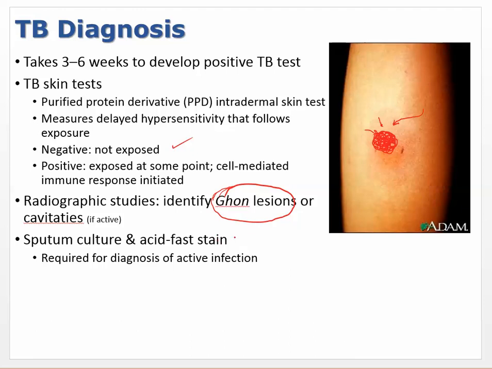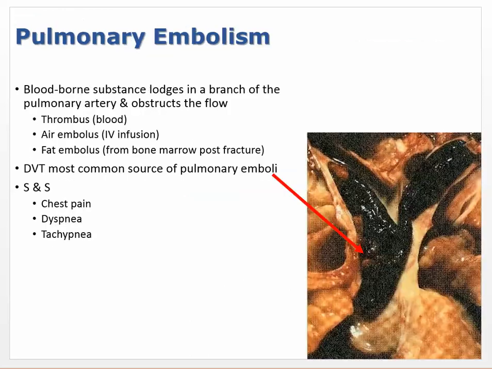Sputum culture, if it's active and you have the bacteria moving out into the sputum, then you can cough up a chunk of that, and then you can stain it and find out if the mycobacteria are present. But that's really going to be more of a diagnosis for an active infection. Okay. All right, so that's TB.